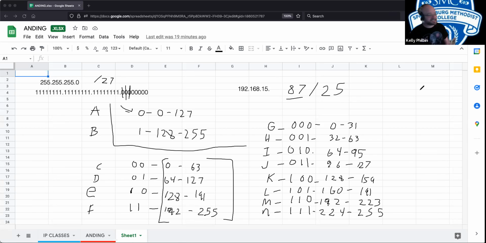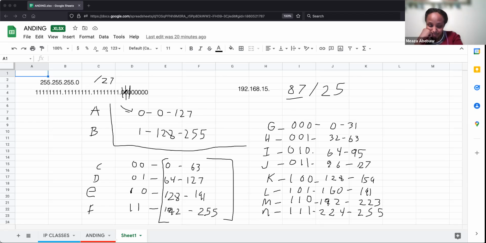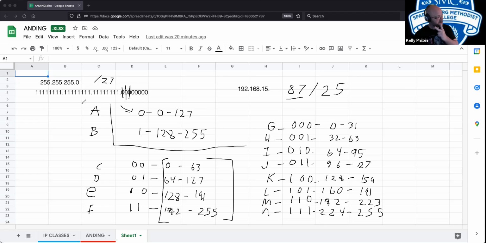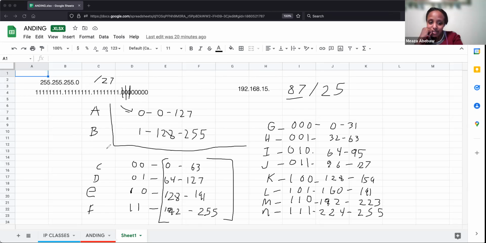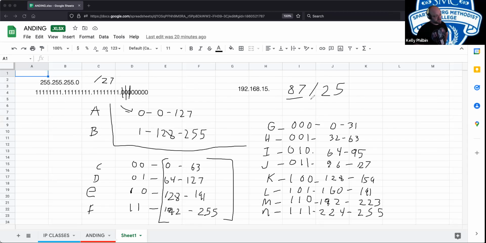Don't stress. This is not an easy concept to grasp right out of the gate. So with a /25, that's only the first bit, so that gives us two networks. So that's going to put us in group A. Very good. Because of that /25, that's what we got to pay attention to. Don't be nervous about getting it wrong. Part of how we learn.